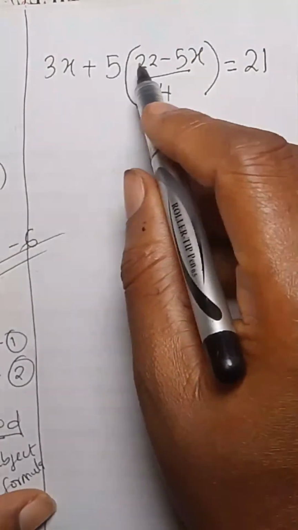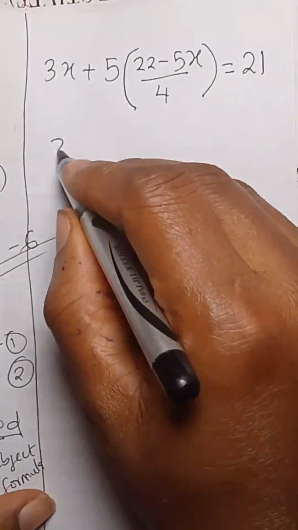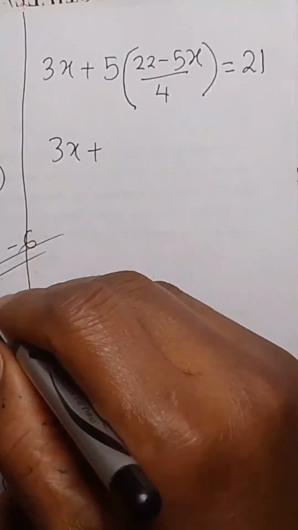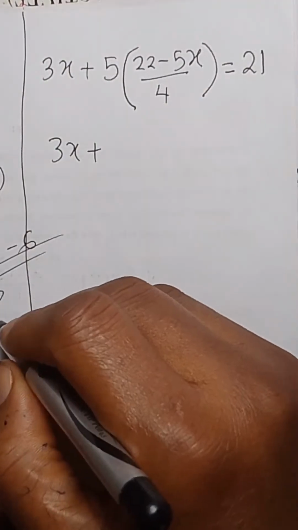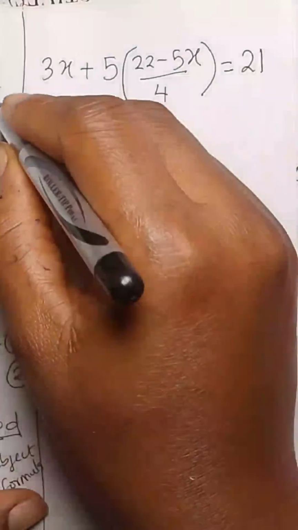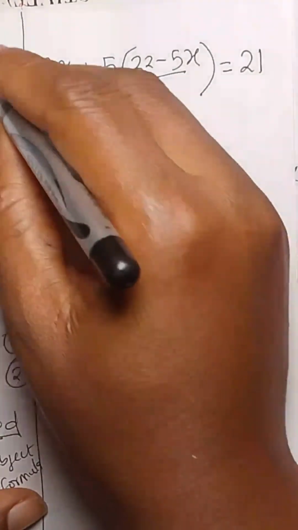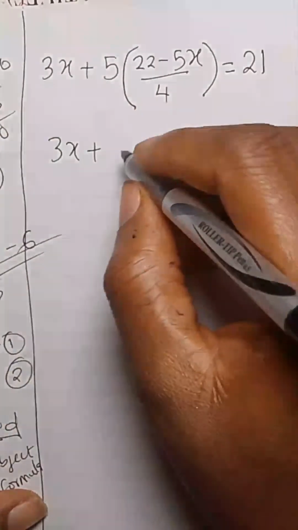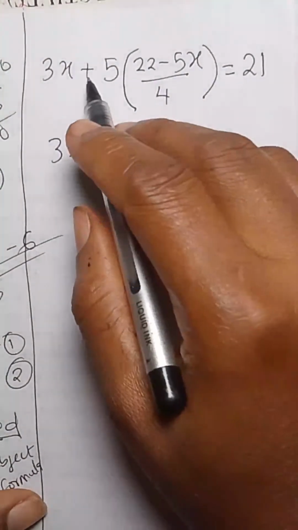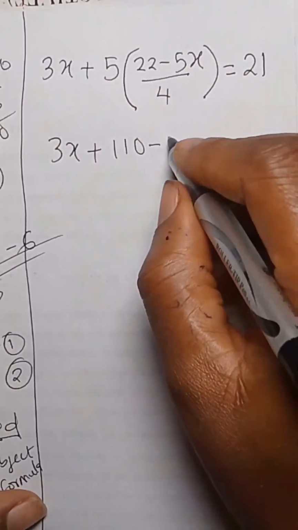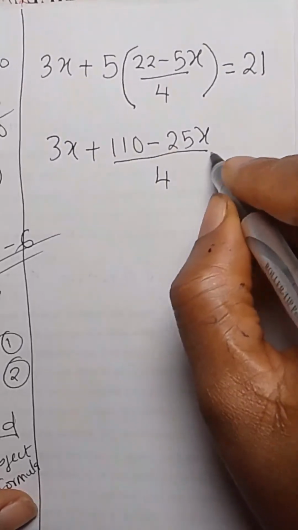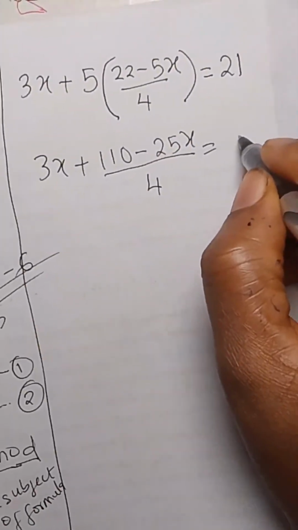So we solve for x. We start by expanding this. We have 3x plus 5 times 22, which is 110, plus minus times plus will give us minus 25x, all over 4 equals 21.